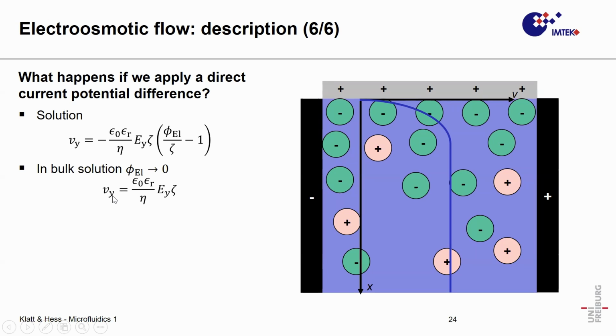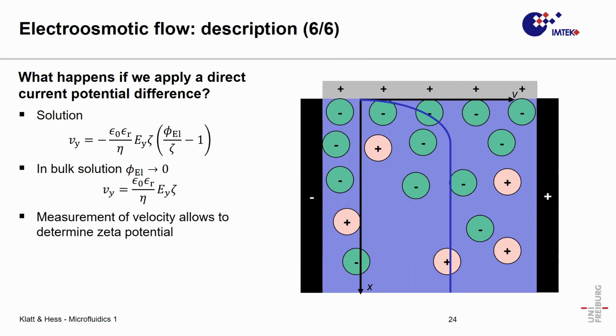And that's how you end up with this velocity far away from the wall. In general, this equation can be used to determine the zeta potential of a functionalized wall by measuring the velocity of your fluid in direction of the electrodes.